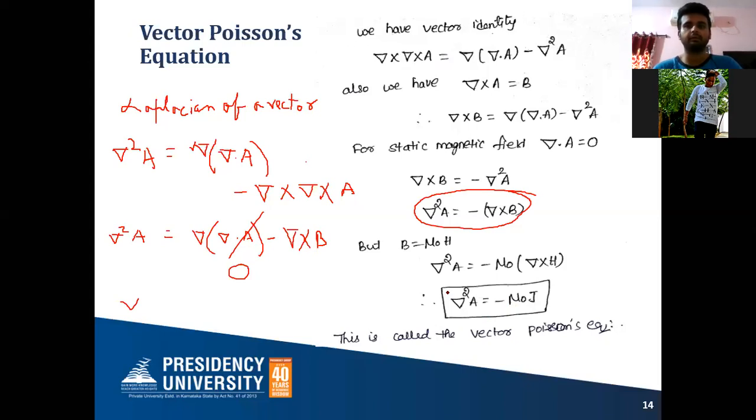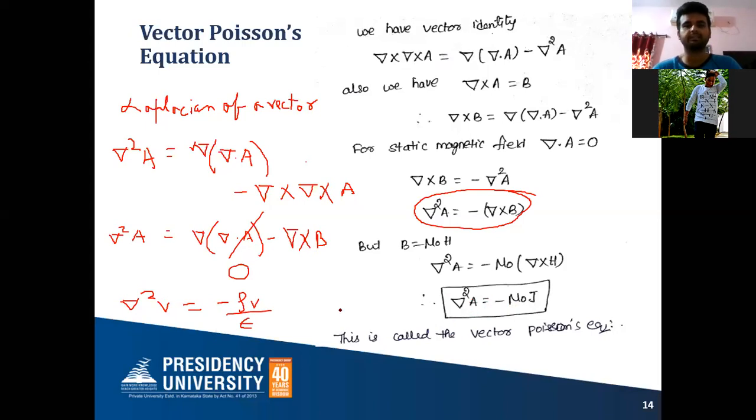Now recall, in electrostatics we discussed Poisson's equation. What did you write? Del square V equals minus rho V by epsilon, correct? We discussed this in electrostatics, but there V was a scalar function, but here A is a vector function.